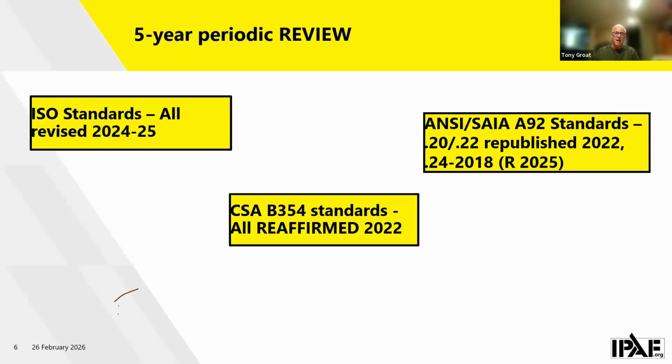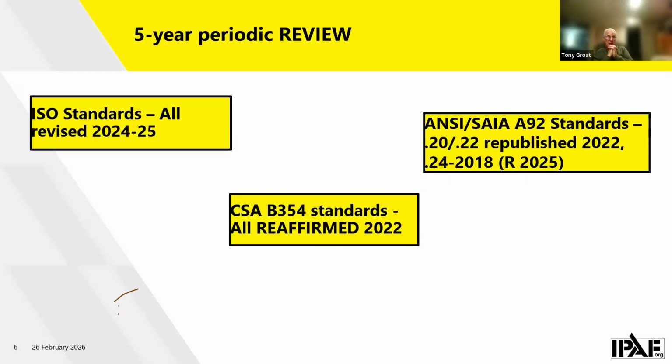When we look at the standards as a whole, there is a process that we're required to undertake, called a five-year periodic review. Looking at the current status of standards, we have the ISO standards, and I'll go through the design, safe use, and training standards next. All of those were revised and republished in 2024 and 2025.